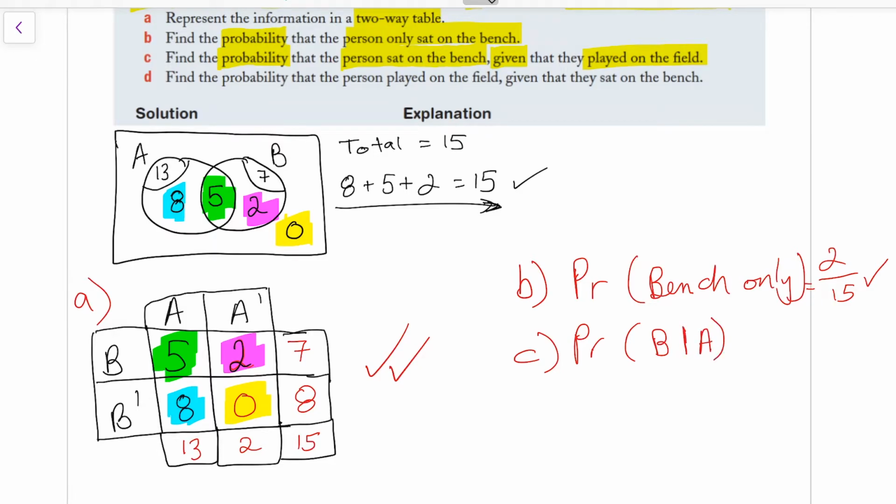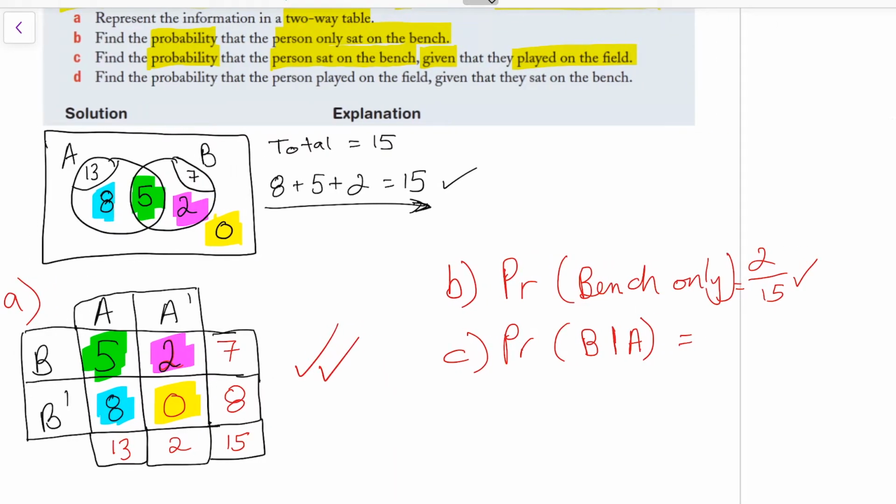So it's the probability of B given A. All righty. Remember, look at that second letter. It's your A. So it's the 8 plus the 5. This one, look at your intersection. All right, the intersection number is 5. So we end up with 5 over 13.